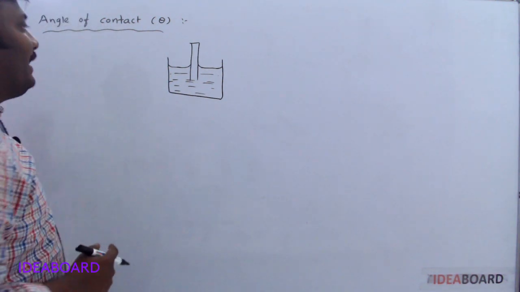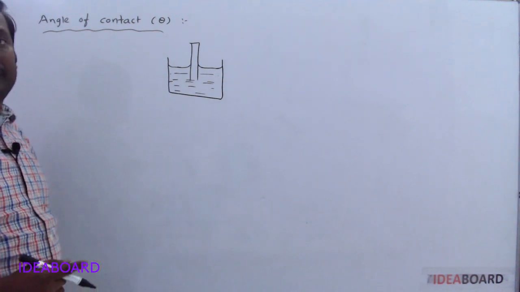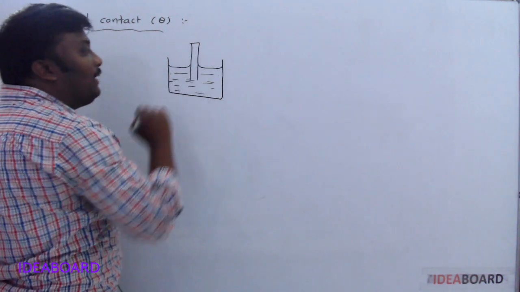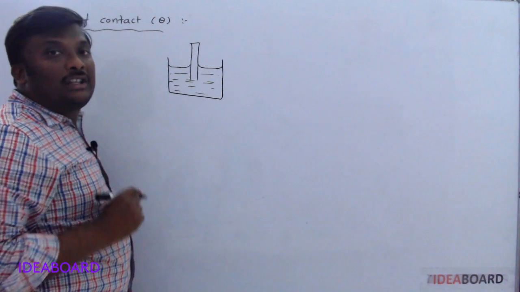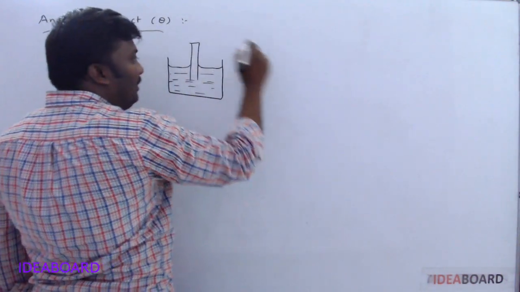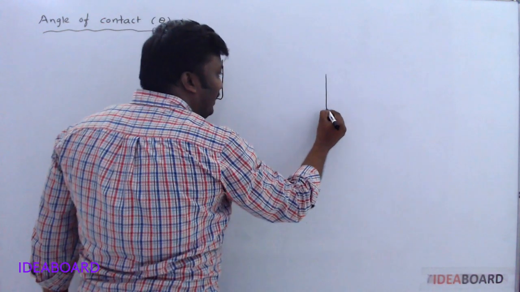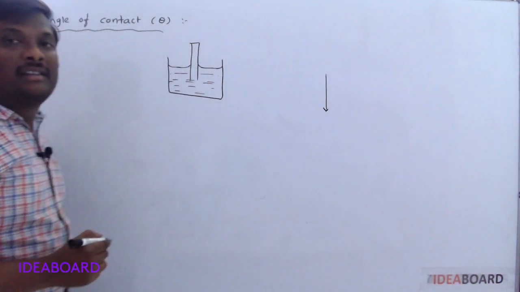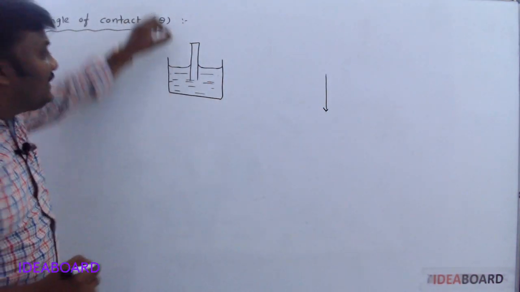Angle of contact is defined as the angle between the tangent to the solid surface and the tangent to the liquid surface.